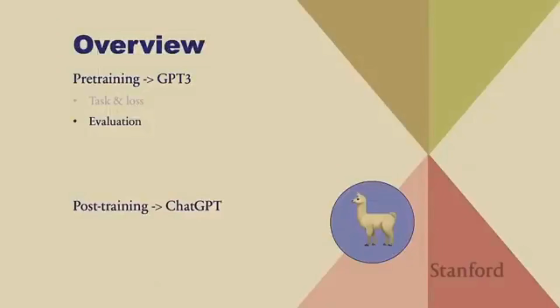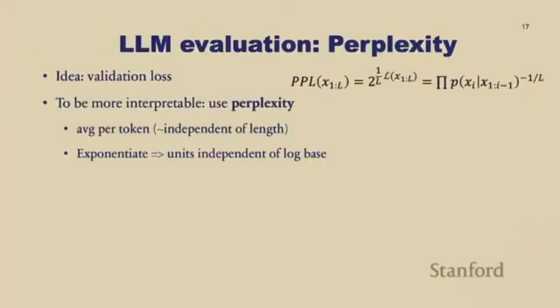Great. So we talked about the task, the loss, and the tokenizer. Let's talk a little bit about evaluation. The way that LLMs are usually evaluated is using what we call perplexity. At a high level, it's basically just your validation loss. The slight difference is that we use something more interpretable: the average per token loss, which you then exponentiate.